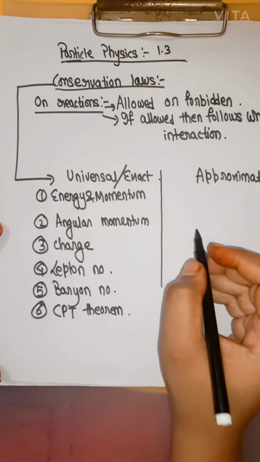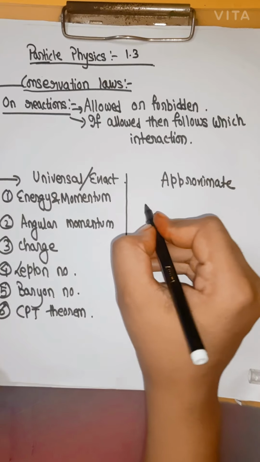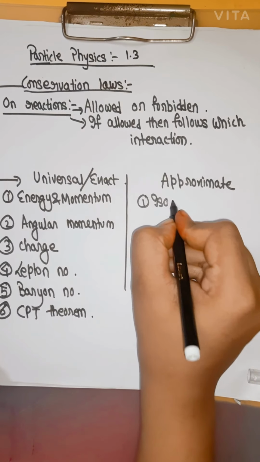And in approximate conservation laws, we will check isospin.